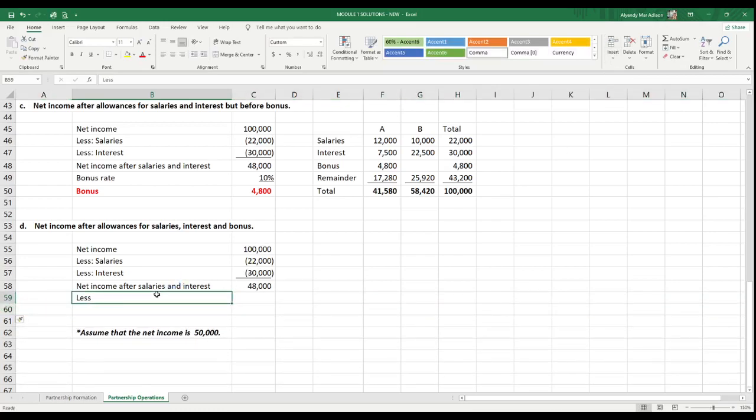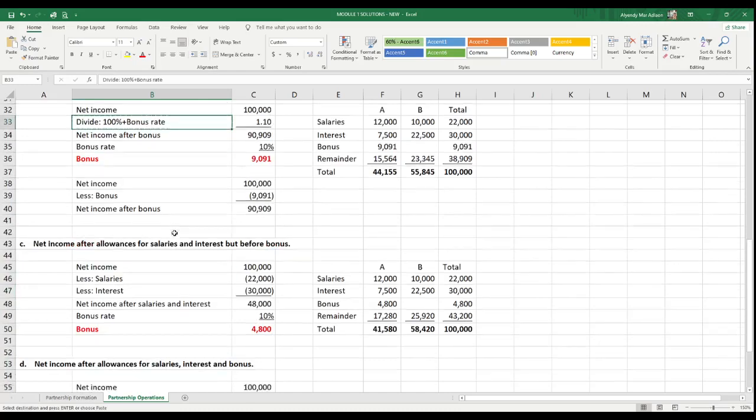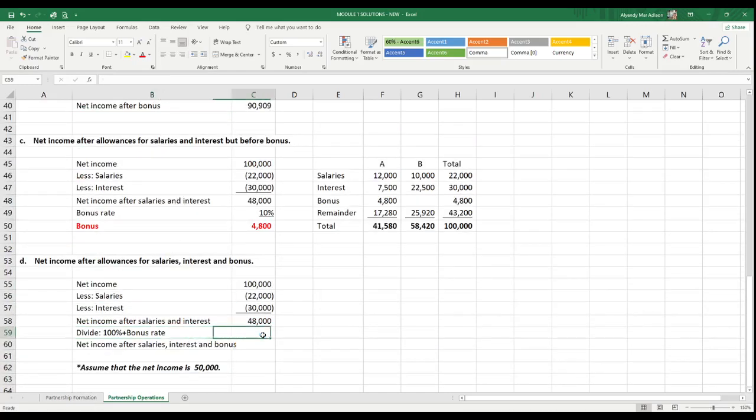In this case, to get the net income, we call it net income after salaries, interest, and bonus. So, we will divide it by 100% plus the bonus rate.